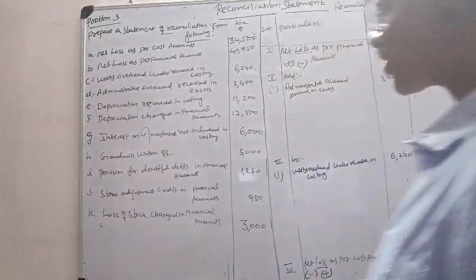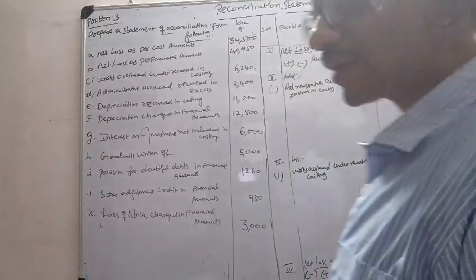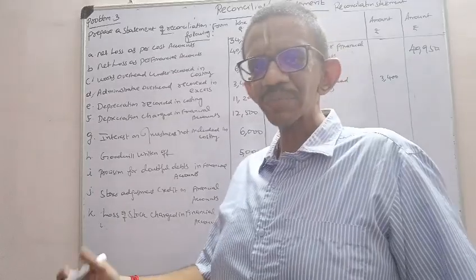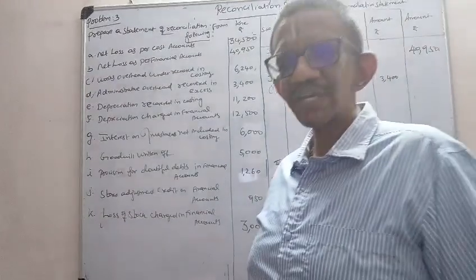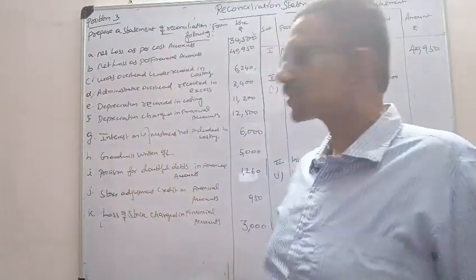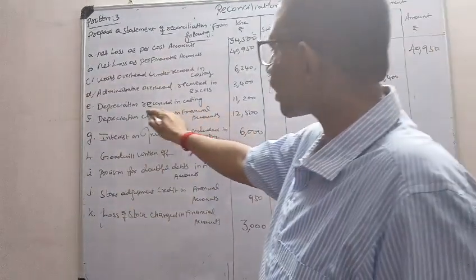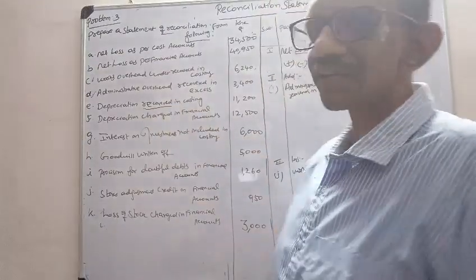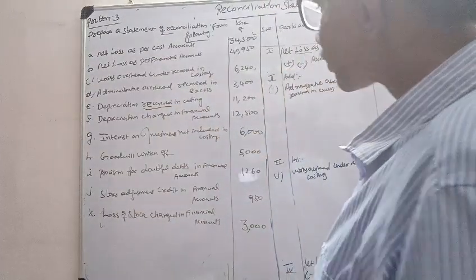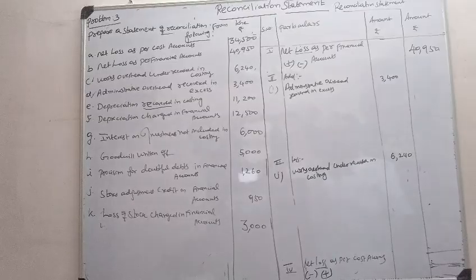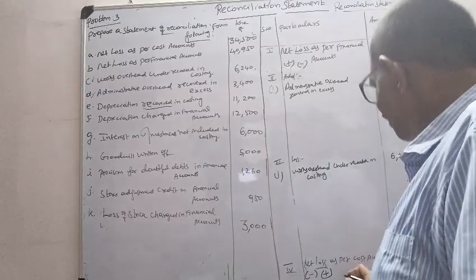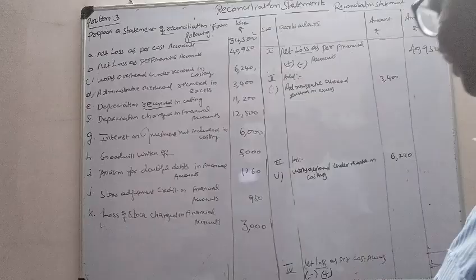Depreciation recovered in costing. Recovered does not mean recovery like curing and being discharged from the hospital; that recovery is different. Here, as far as accounting terminology is concerned, recovered means charging, the amount charged. So depreciation recovered in costing means, in costing, loss level increases or decreases?